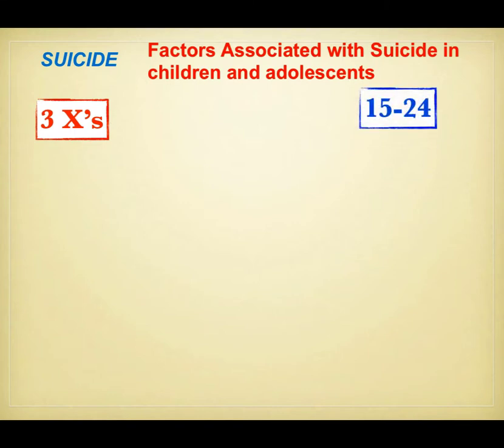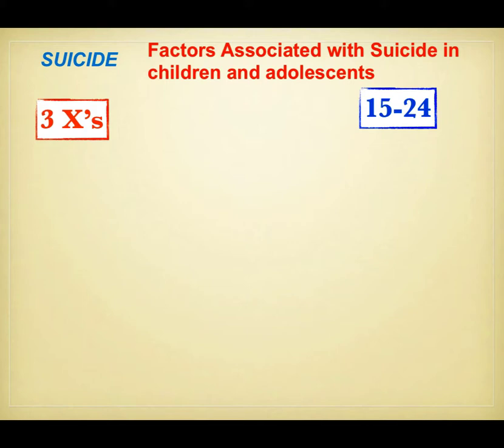Gender. Girls three times more than boys will attempt suicide, while boys will be more likely to succeed. We noticed this when we talked about suicide with adults, a very similar theme. With age, older young people are at greater risk than children, young people between the ages of 15 and 24.